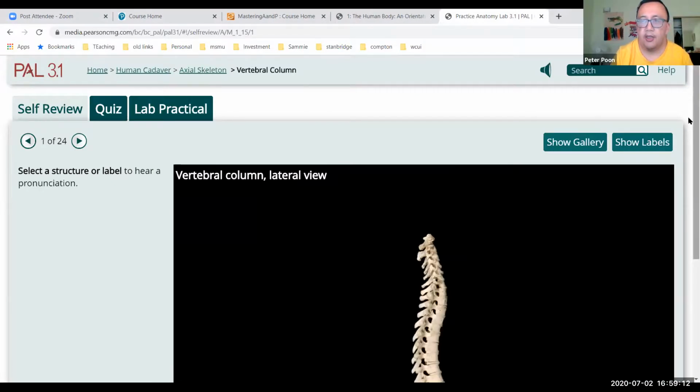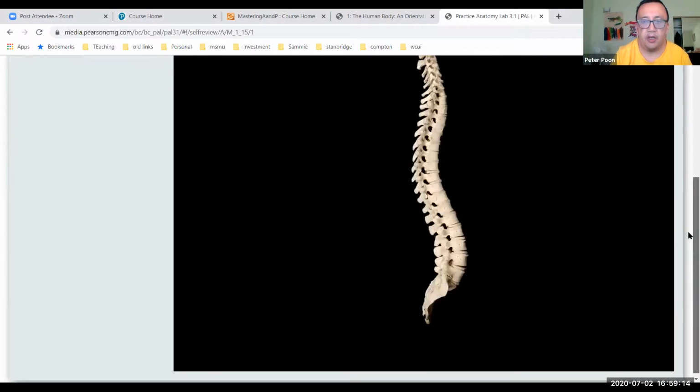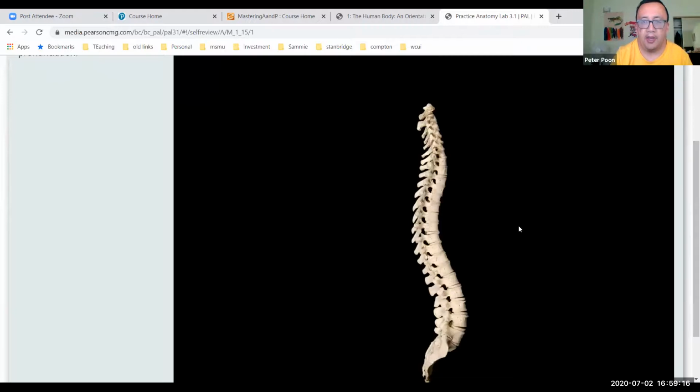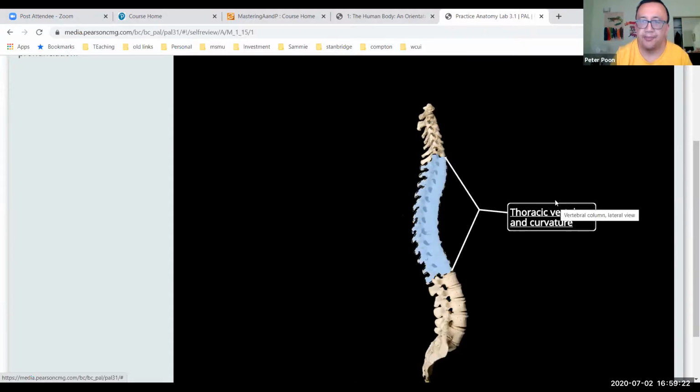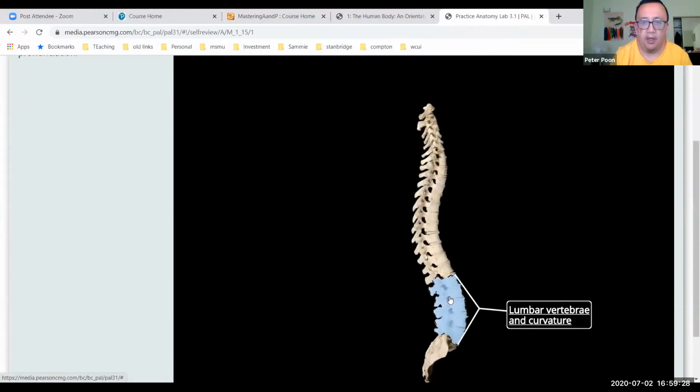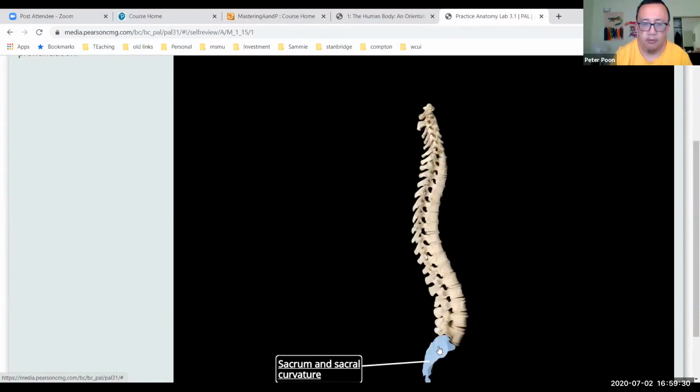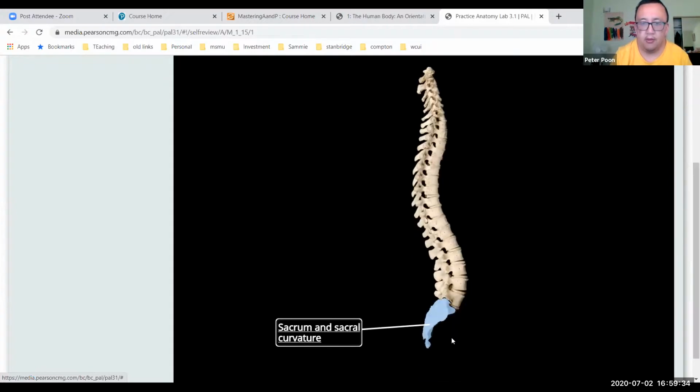So there's an entire vertebral column here. You can see the little black holes there, which are the intervertebral foramina. Cervical vertebrae, thoracic vertebrae, lumbar vertebrae, sacrum, and I didn't even show the coccyx here.